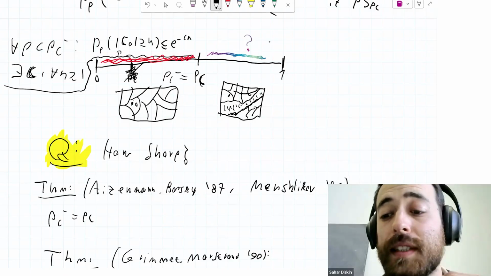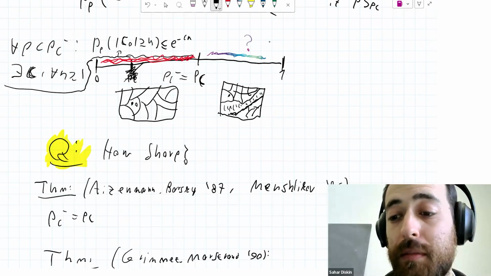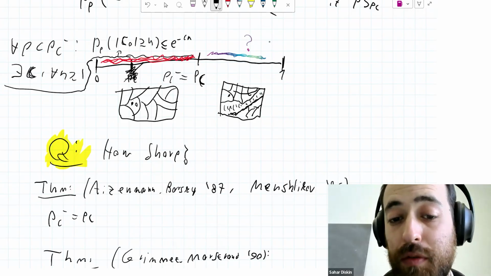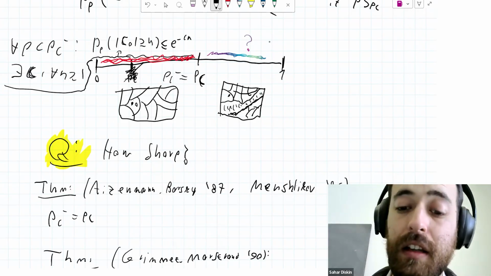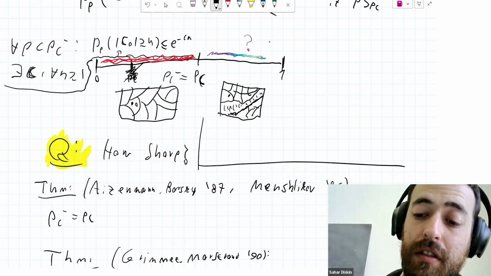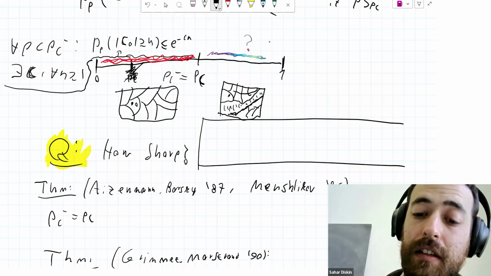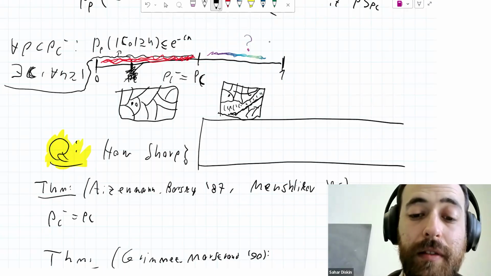And now obviously it doesn't make sense to ask that the component is in a finite cluster, because when we're above the critical probability, there is a chance that it's in the infinite cluster. But I can ask the following question. What's the probability? And let me actually write the statement.